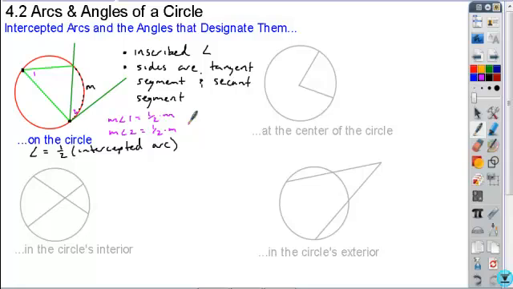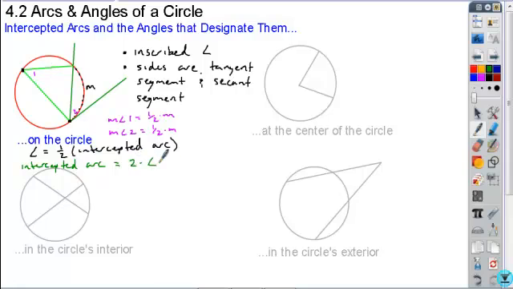Okay, now not only does this relationship hold true, but the reciprocal relationship does as well. If we wanted to solve for the intercepted arc, if the angle is half the intercepted arc, then the intercepted arc is going to be what compared to the angle? Double the angle.